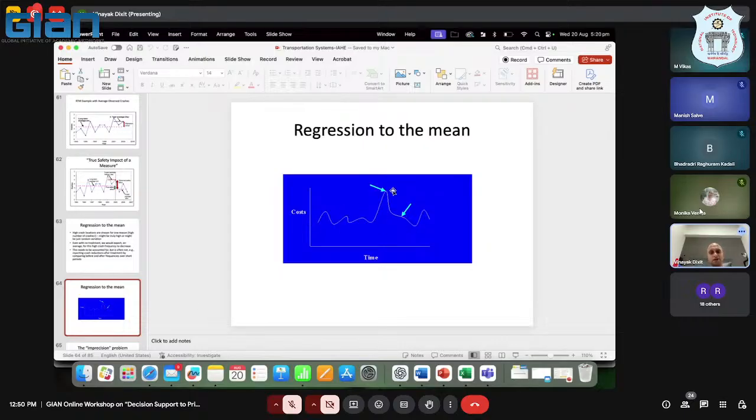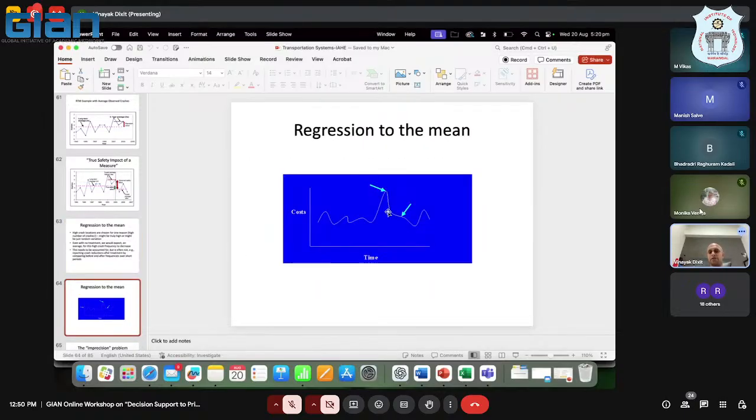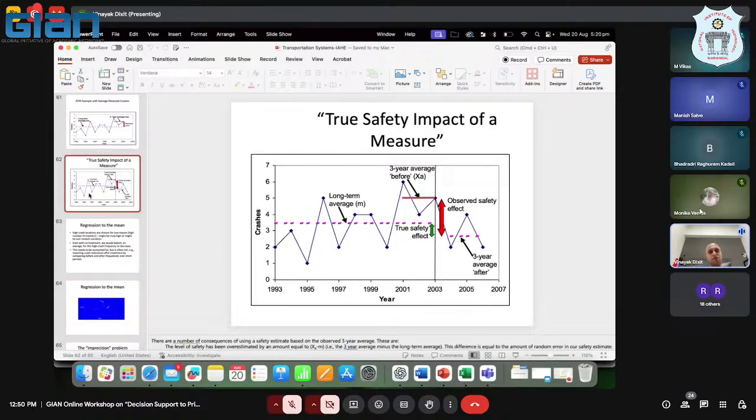This is giving you the same example here, right? You might suddenly have your crashes increase and the next year the crashes reduce. It has nothing to do with the treatment. It's just random variation. Those random variations are quite high in percentage terms because the crash numbers are low.